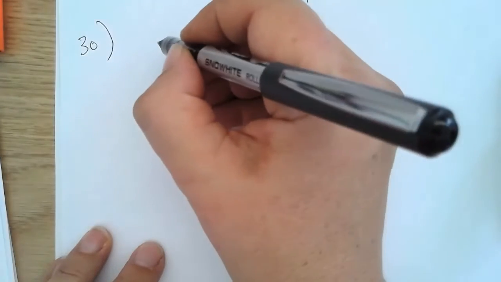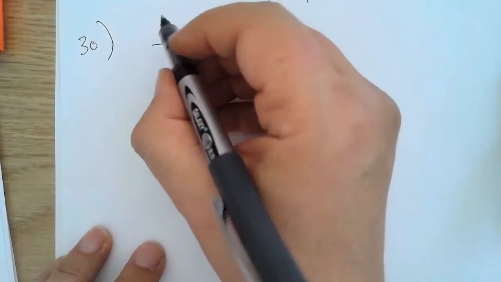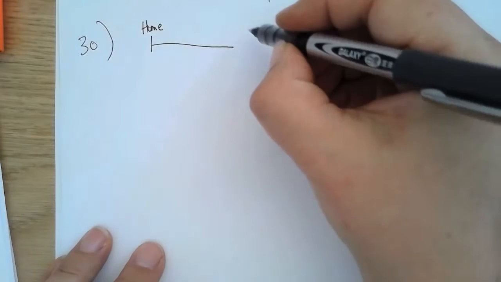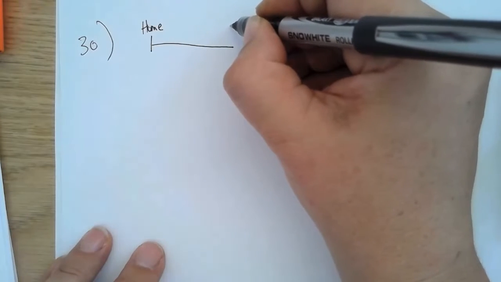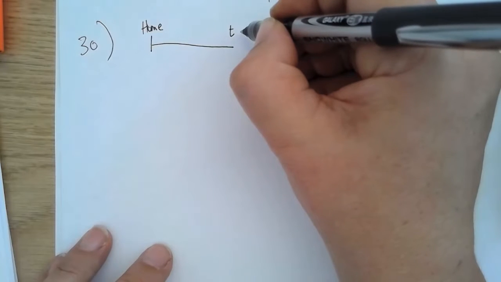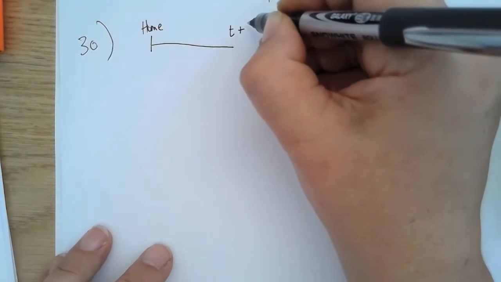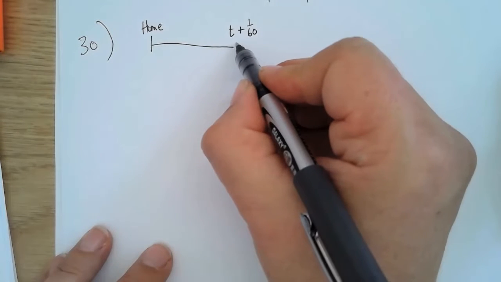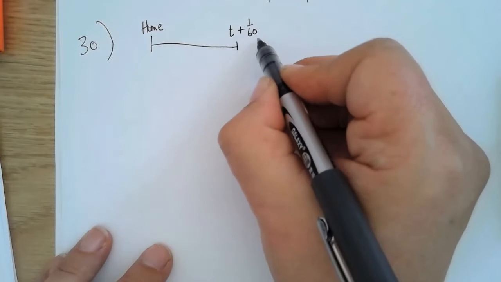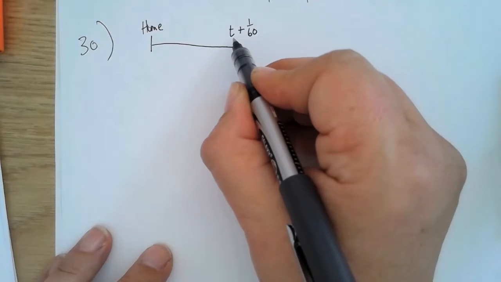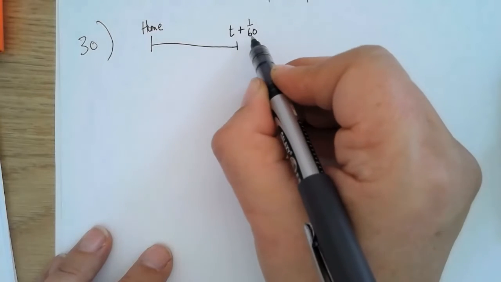So if we think about it, we've got the journey. This is the home. And whatever the time is of when he needs to be there, it's going to be the first trip. He's going to get there 1 minute late, so this is the actual time, and this is 1 minute more than the actual time, whatever that happens to be.